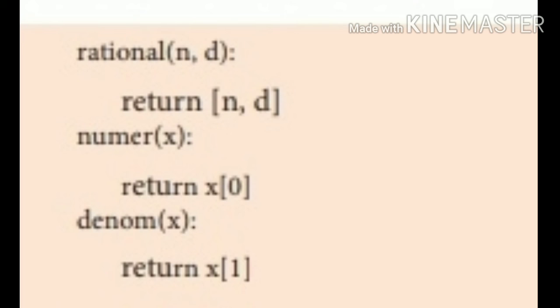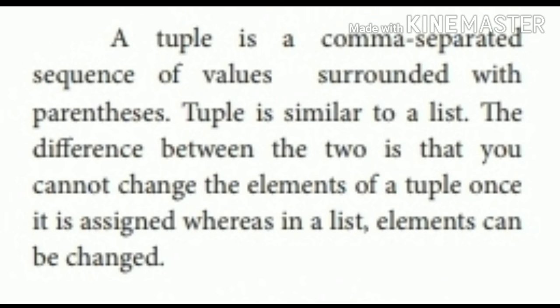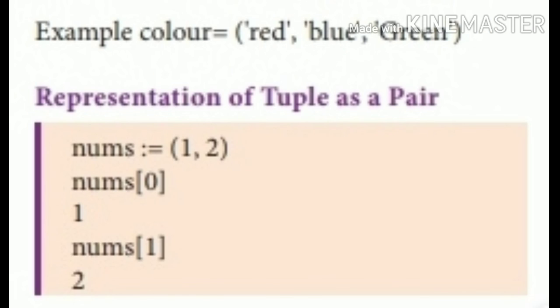Okay. Next concept is tuple. Tuple is similar to a list. In a list we give the expressions, that is literals or constants, within square brackets, but in a tuple we give the values within parentheses. Okay. Here also we separate the values using the comma operator. One more difference is that a list is changeable, but a tuple is unchangeable, that is, mutable and immutable.